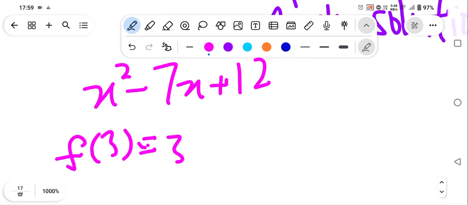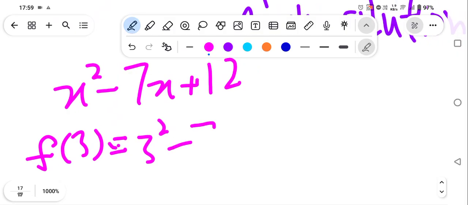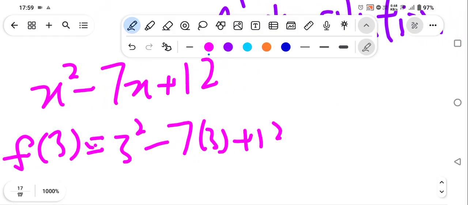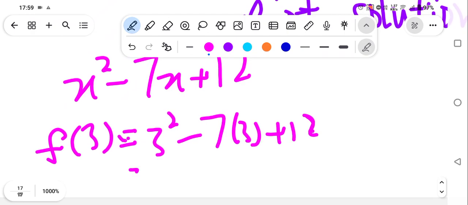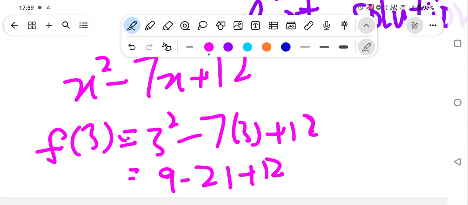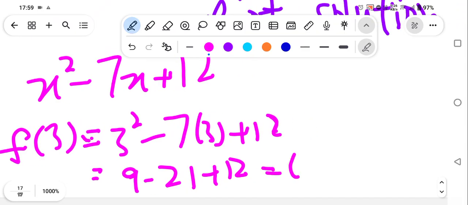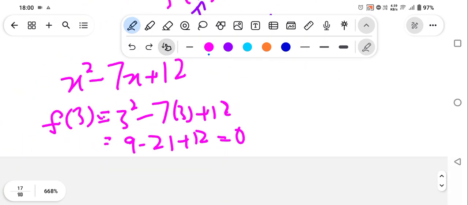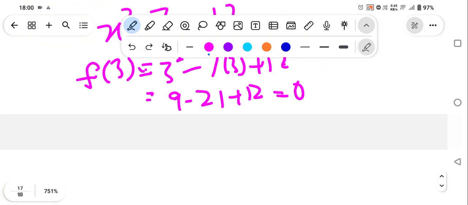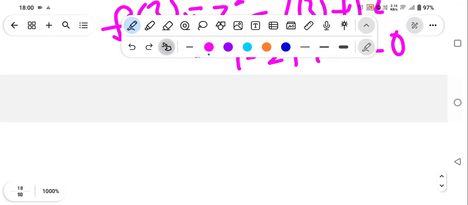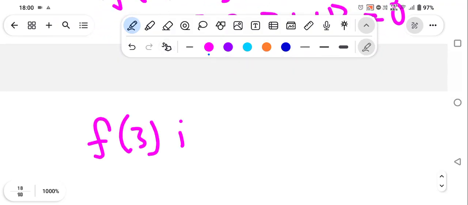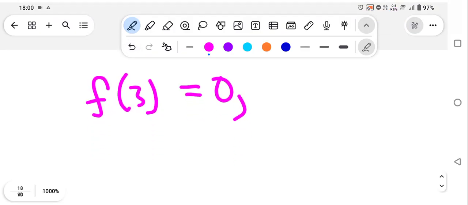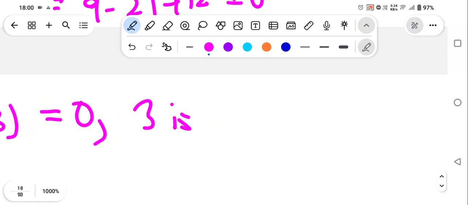We have 3 squared minus 7 times 3 plus 12. Well, this is 9 minus 21 plus 12, which is 21 minus 21, which is 0. So since f(3) is equal to 0, this means what? 3 is a root.